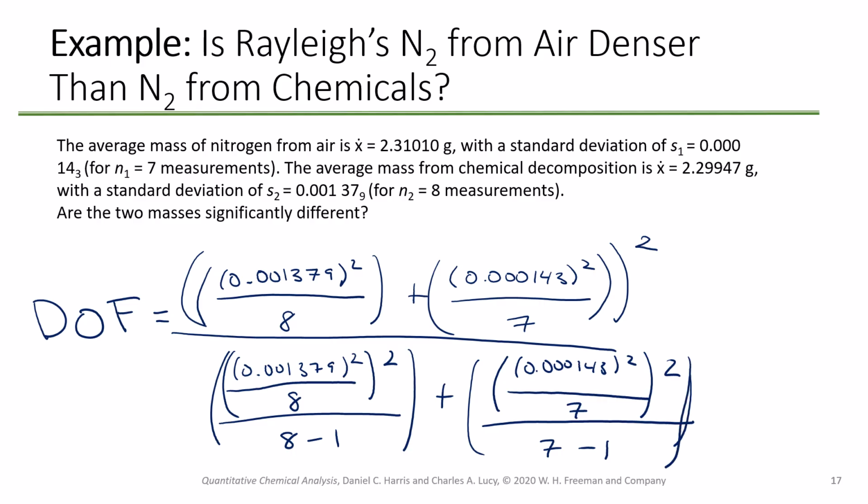Parentheses are your friend, and I highly recommend breaking this up. When I find the answer, I get 7.17, but if I round it to the nearest integer, it is 7. So our degrees of freedom are 7. If you didn't get this number, double check your math.